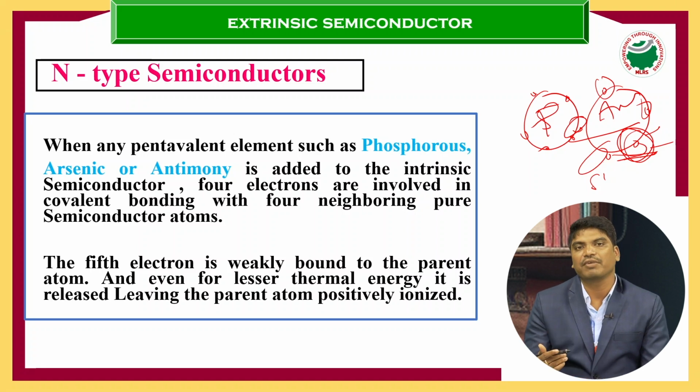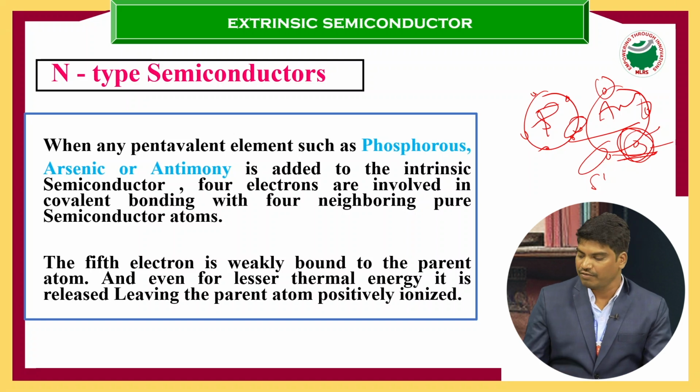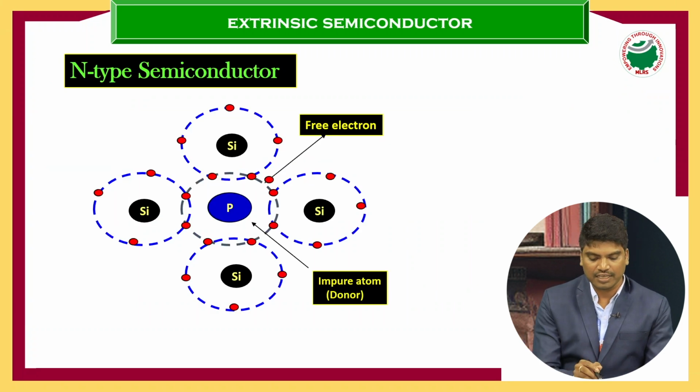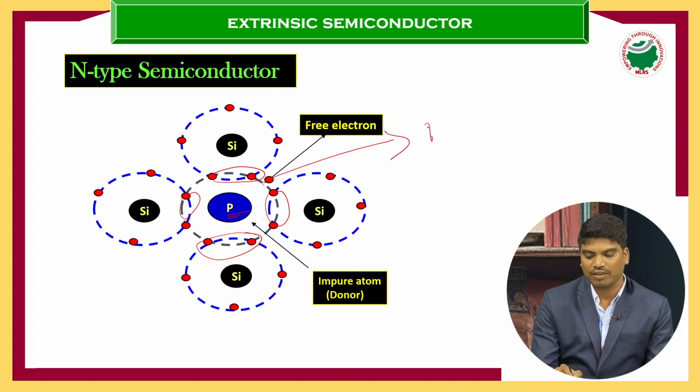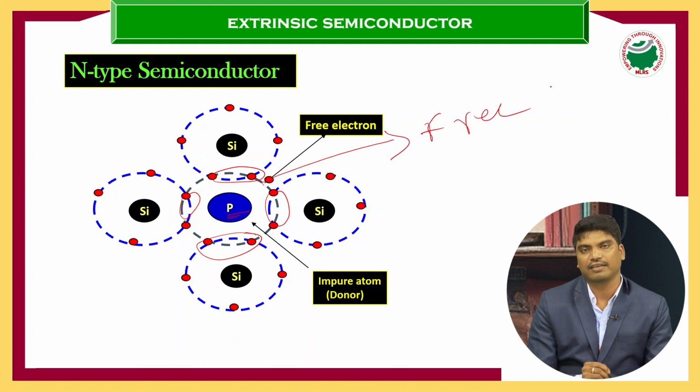So what happens if we add such a pentavalent element to an intrinsic semiconductor? We will see in the next diagram. See here clearly, this is the phosphorus material which has 5 valence electrons. Here you can see bonding 1, bonding 2, bonding 3 and bonding 4. This one will become the free electron, as I said.